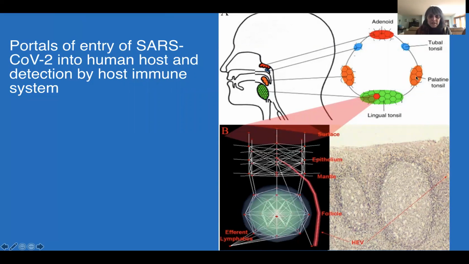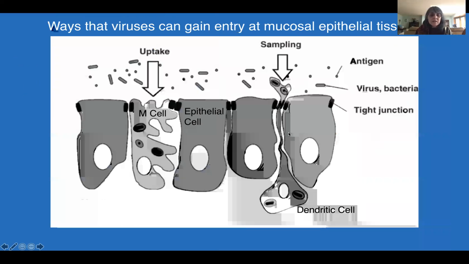So underneath the mucosal epithelial cells here, we have organized lymphatic tissue. I want to show you this little cartoon cross-section of mucosal epithelium. Here, these gray cells are the epithelial cells. Then there are these very fascinating specialized epithelial cells called M cells that have these huge pockets that are important for uptake of pathogens.